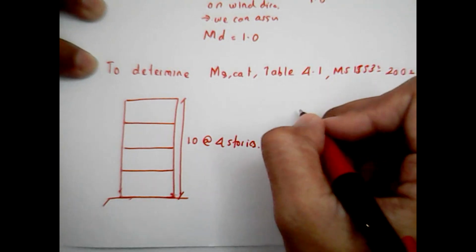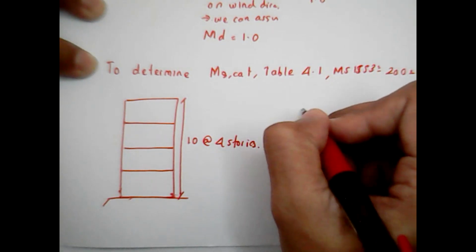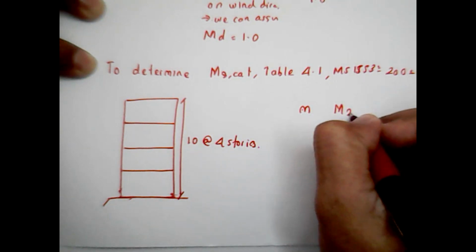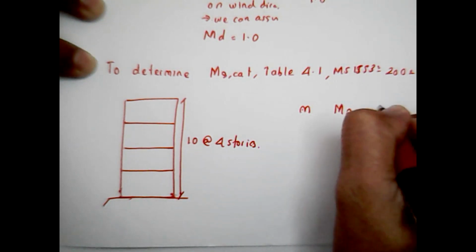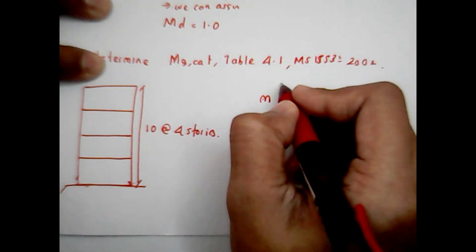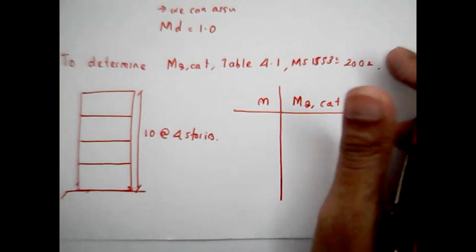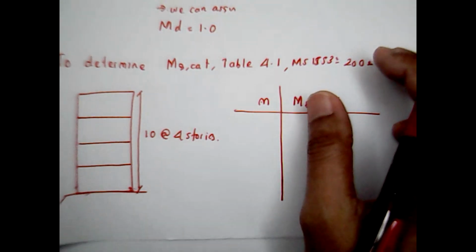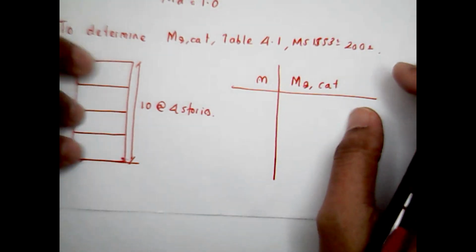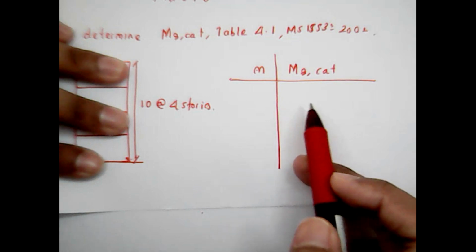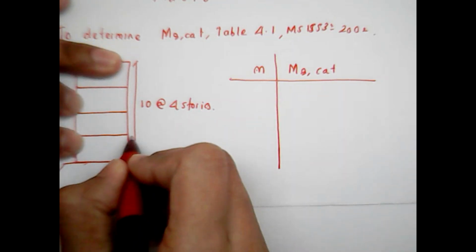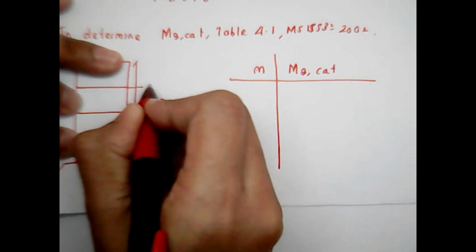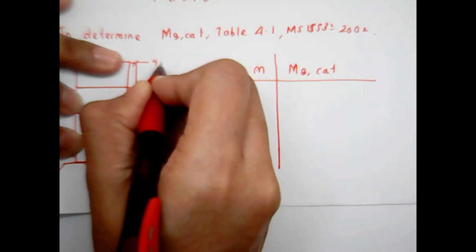So for MZ-CAT, you can draw a table with the value of MZ-CAT, whereby each story is 10 meter, then 20 meter, 30 meter, and 40 meter.